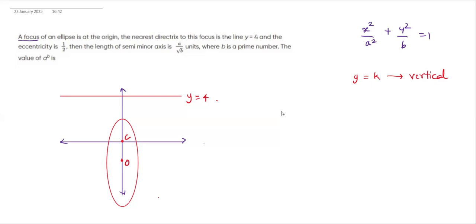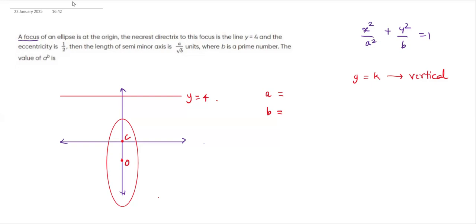When you translate something, you're not going to make any changes to its values. So the a value and the b value of the ellipse will remain the same. Now from this diagram, you can see that OC is the distance of the center from the focus, and that we know is ae.